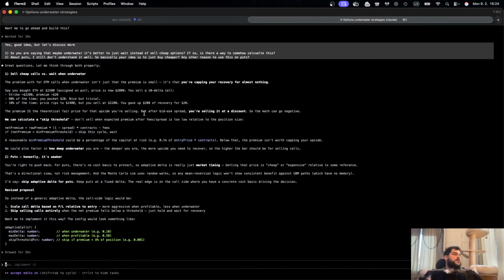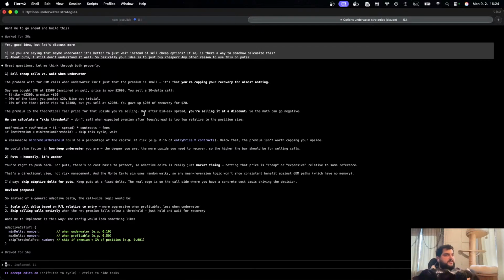Okay, makes sense maybe. And puts, honestly, it's weaker. You are right to push back. For puts, there is no cost basis to protect.